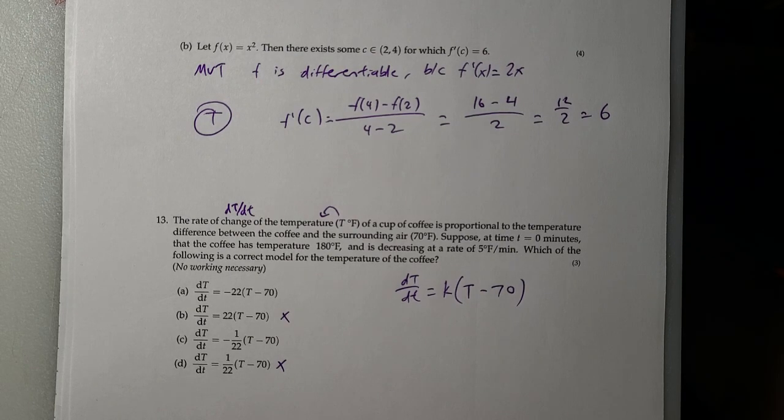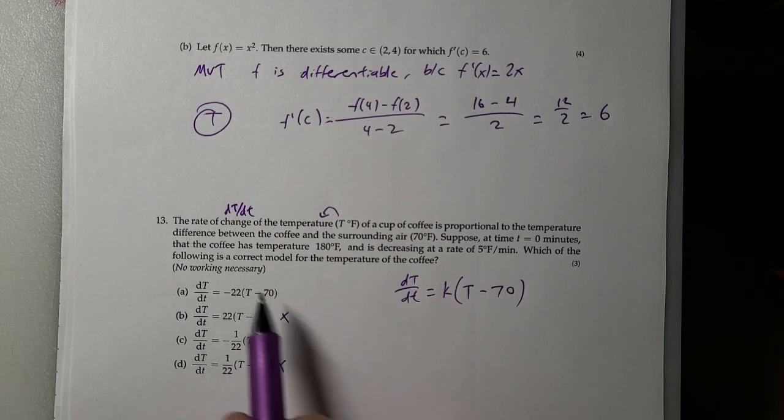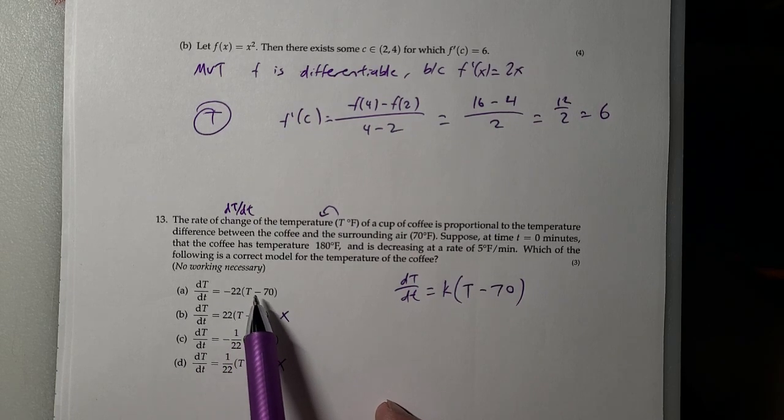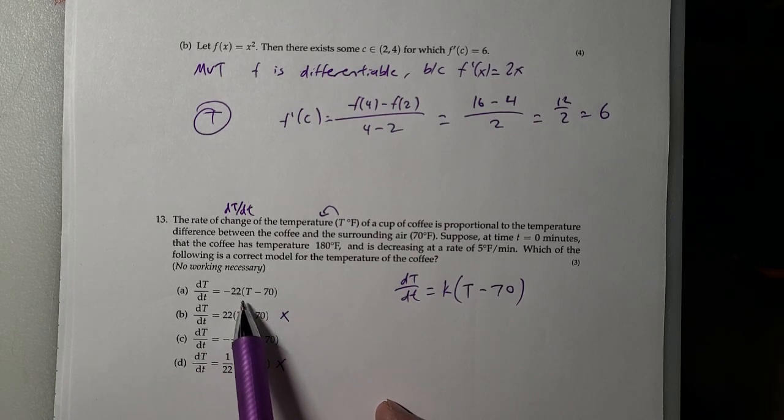What is next is either this or this. I actually didn't get how they would get 22.